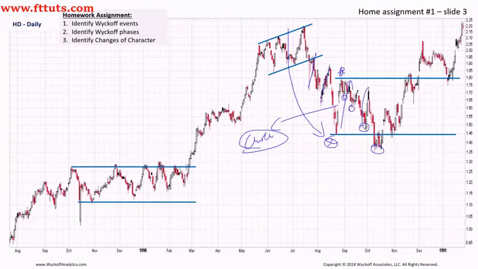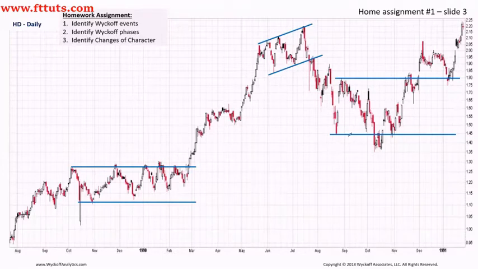So it seems to me that this rally right here is the largest rally of them all. And so this looks like one swing. So therefore, just to conclude the thought, this looks like phase A. In some instances, we would probably say that this looks like a test of the climactic action itself as well.